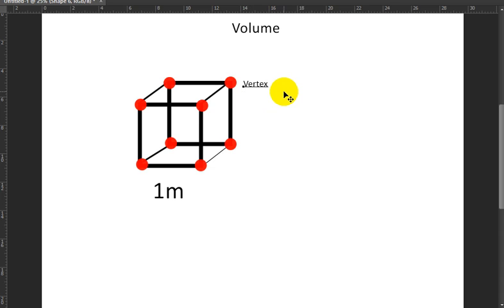And the plural of that would be vertices. So this is a vertex. These are the vertices of the cube. You should also be writing this down, so pause the video whenever you need to and write this down in your notebook. Next up, we need to talk about the lines that show us the limits of the cube.